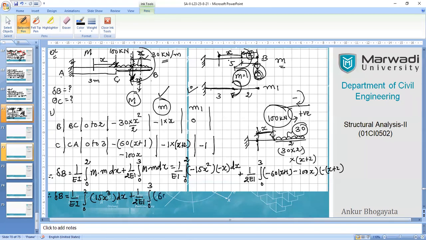Let me also expand this: 60x plus 60, everything becomes positive. So it is 100x again on this side into x plus 2. We can still further simplify this by adding this 160, so that the multiplication becomes very easy at the end of the day.